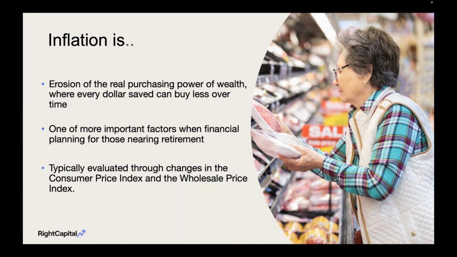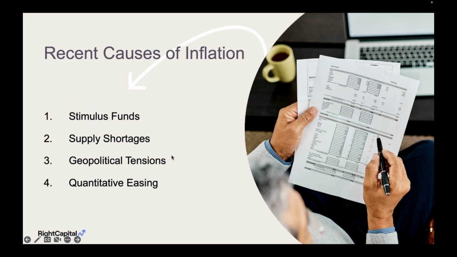And these values for inflation, we see them in the headlines constantly, but they're typically evaluated through changes year to year in the consumer price index and the wholesale price index. So when it comes to actually measuring inflation, we know that the past few years have been rocky. And although we see this coming down a little bit, we know that we're still not out of the woods yet.